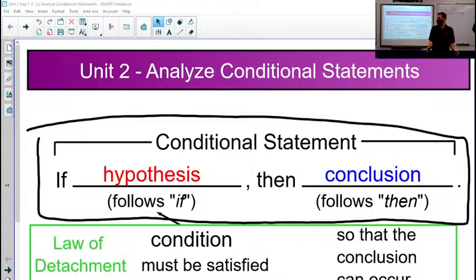I call it an if-then statement because the sentence structure starts with if and a certain phrase, then another phrase. And all the sentences follow that same structure, that same outline.